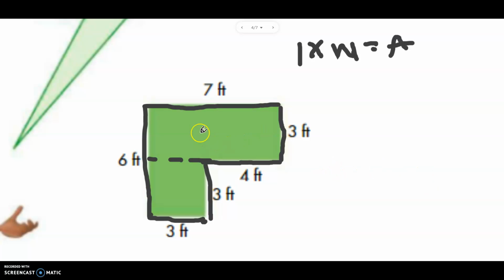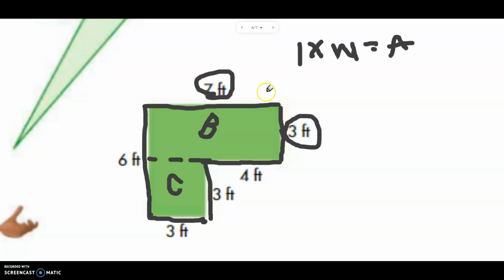So first I'll call these different letters. So I'll call this one B, and I'll call this shape C. So first let's solve for B. I need to find the length and the width.